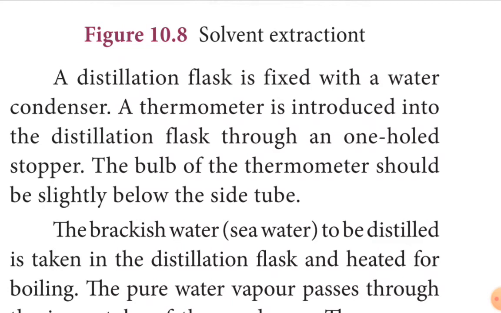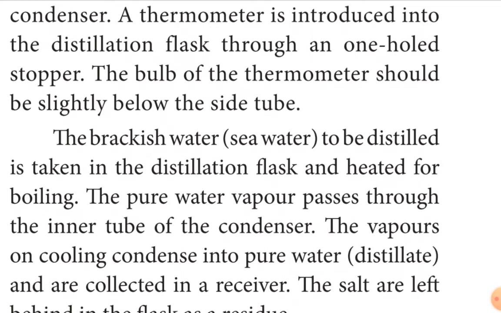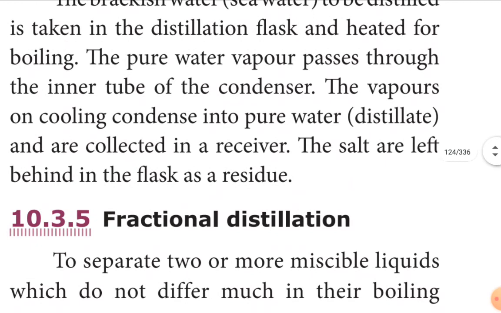What happens? The pure water vapor passes through the inner tube of the condenser. The vapors are cooled and pure water is obtained. That is called the distillate, which is going to be collected in the receiver. Then the salt is left behind in the flask as a residue.